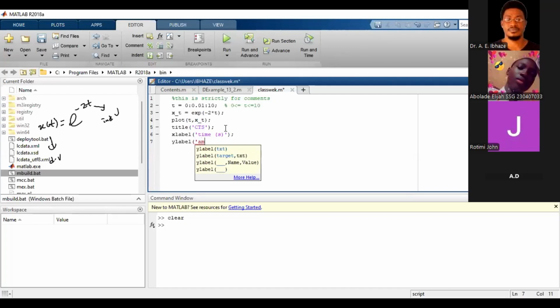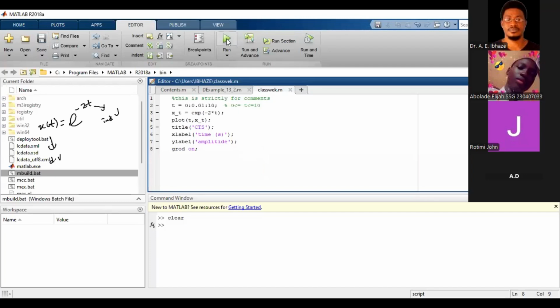So amplitude, boom. So we do that. Well, I don't want it to just print on the blank page. I want to see the grid lines, so I put grid on. Once I do this, all I need to do is to save. I can hit the save button or Control S.